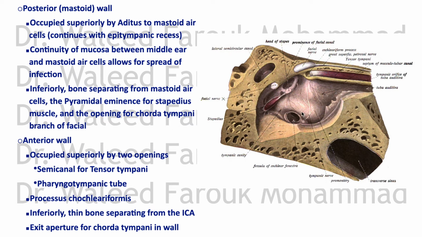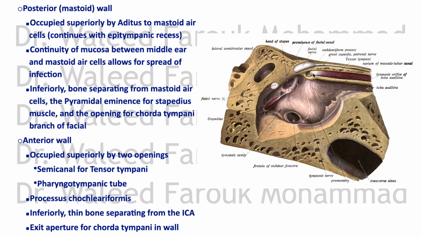The anterior wall, if you are looking at the anterior wall, you will find two holes. One is the semicanal for the tensor tympani muscle, which is the superior opening. And at the edge of this opening is a process called the processus cochleariformis, or cochleariform process.